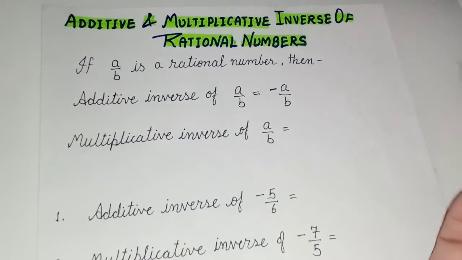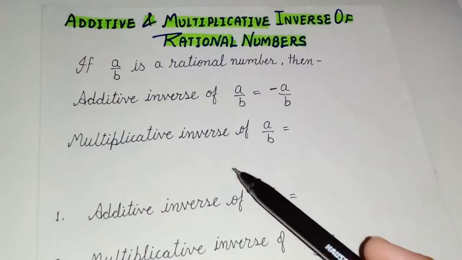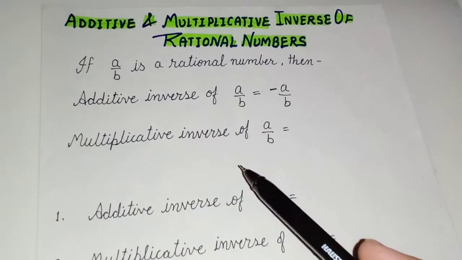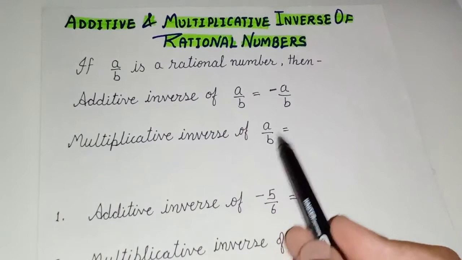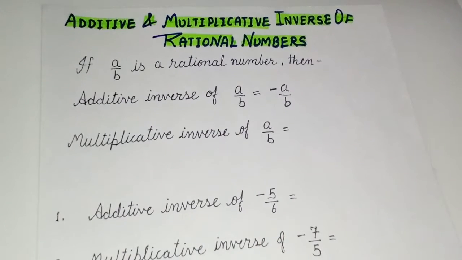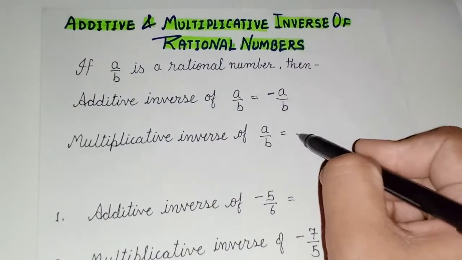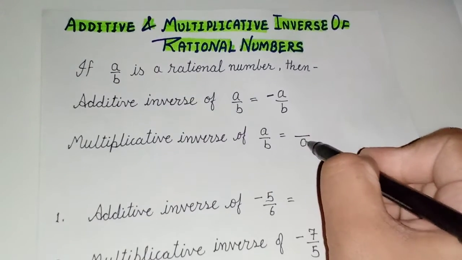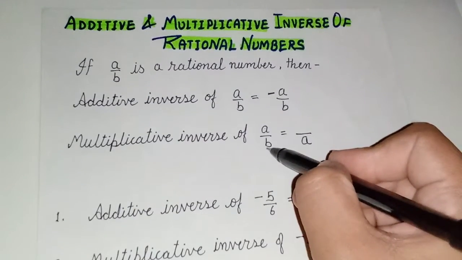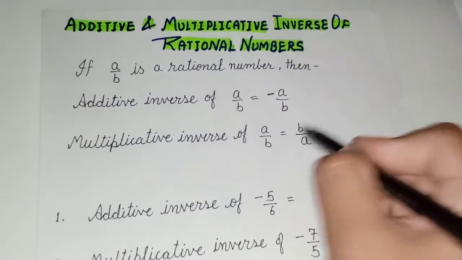Now, if we talk about multiplicative inverse of a rational number, which is also known as reciprocal, right? What do we do to find multiplicative inverse is you have to interchange numerator and denominator. That means the integer which was numerator will become the denominator, and the integer which was the denominator will become the numerator.